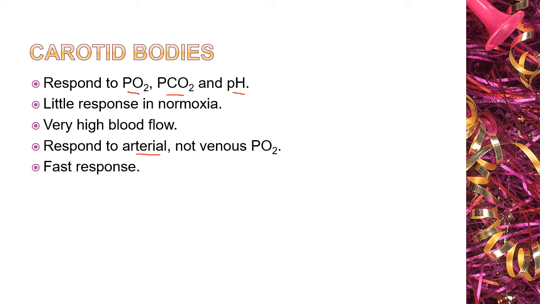And basically, if you compare to the central chemoreceptors, they respond primarily to the change of pH. But if you look at the peripheral chemoreceptors, they respond mainly to the level of oxygen rather than the level of pH or carbon dioxide, but they do respond to carbon dioxide and pH as well.